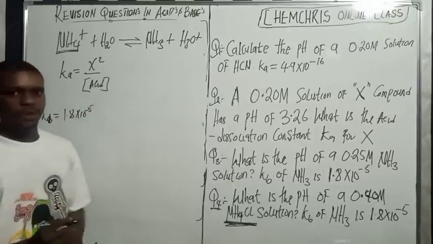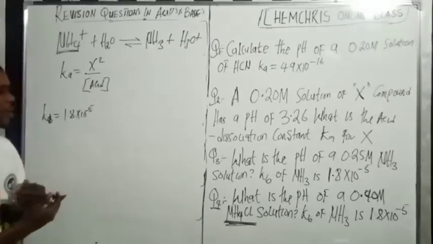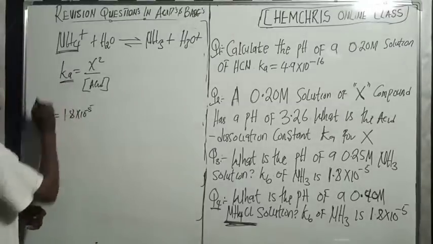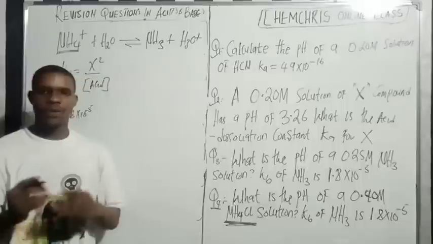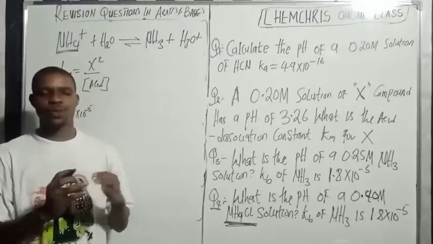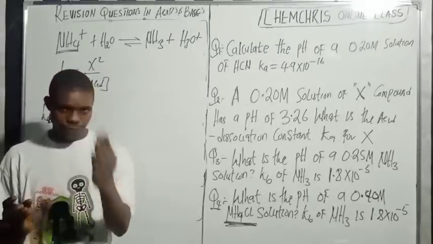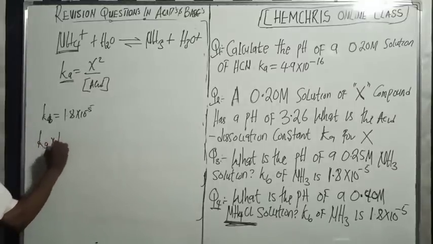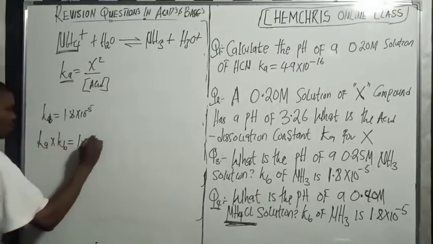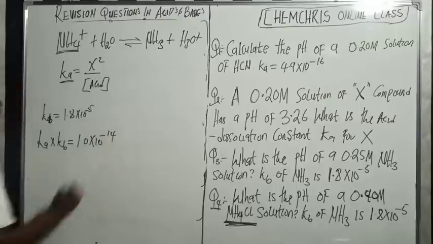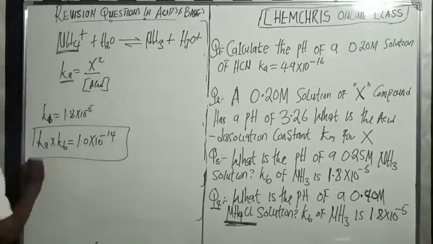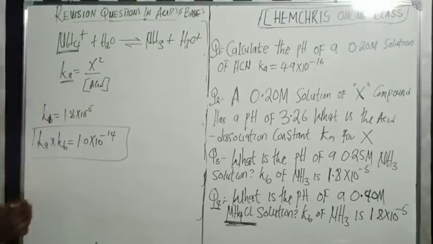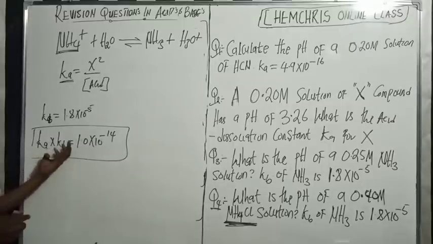So to calculate my pH, I first have to calculate Ka. There is a relationship between Ka and Kb, which I didn't give you earlier, but I want to give you now: Ka times Kb is always equal to 1.0 exponential minus 14. Very important, so take this down. With this formula, I can easily get Ka because I know Kb.